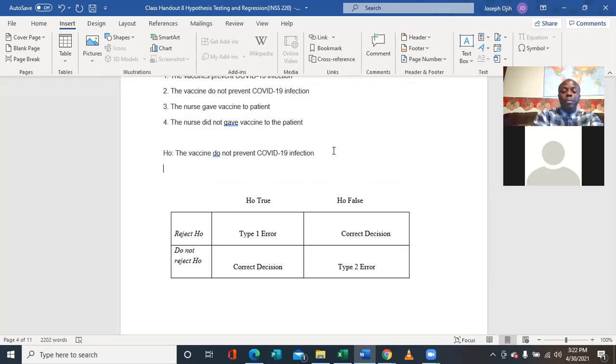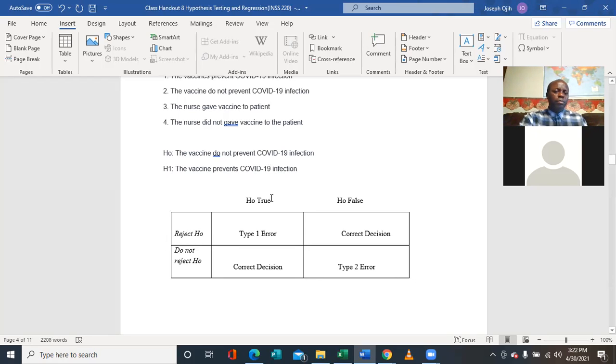These are based on sample estimate. We use H1, that is the alternative. H1: the vaccine prevents COVID-19 infection.